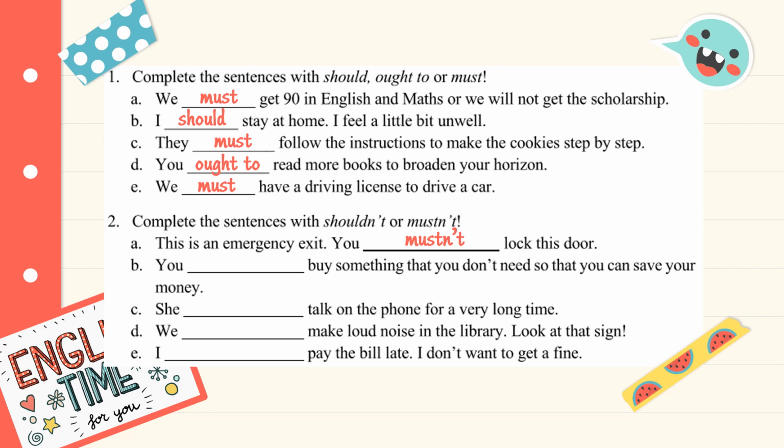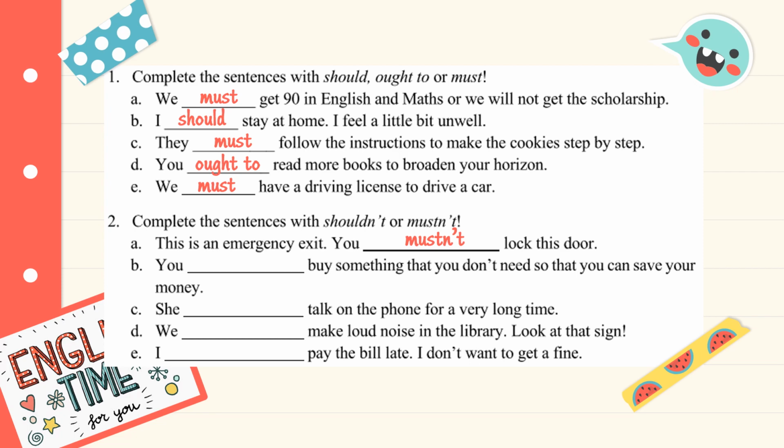Okay, B. You blank buy something that you don't need so that you can save your money. Okay? Here, can you buy something that you don't need? Yes, you can. But it's better that you don't buy something that you don't need, right?